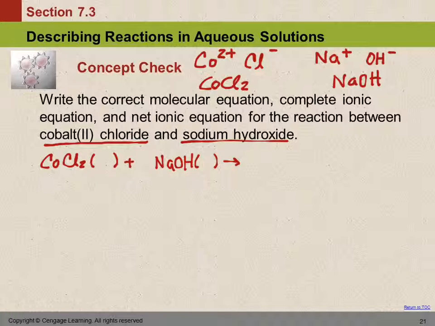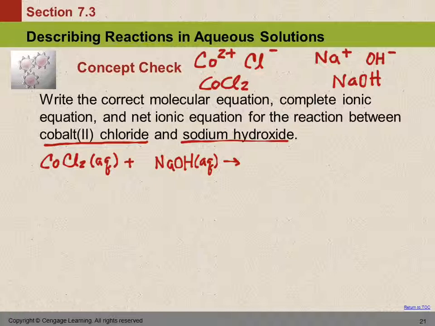You need to dissolve them in water. We could look both of these up in the table of solubility rules, and we see that chloride compounds are generally soluble. Cobalt's not an exception. And so this one is aqueous. Sodium compounds are generally soluble. Actually, they're all soluble. And so we get aqueous there.